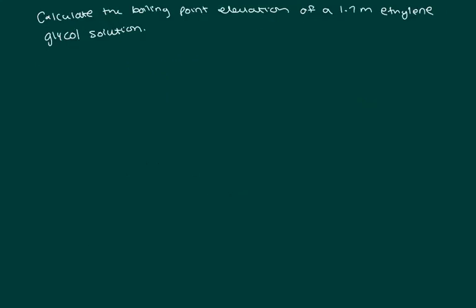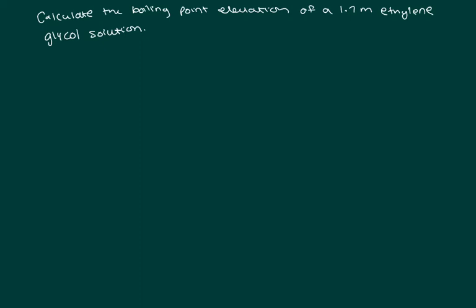Okay, now you may look at this and say, let's calculate the boiling point elevation of a 1.7 molal ethylene glycol solution. You may say, I thought ethylene glycol was antifreeze, and it depresses our freezing point so that the liquid in our cars doesn't freeze at 0 degrees Celsius, but at a lower temperature. It also increases the boiling point.